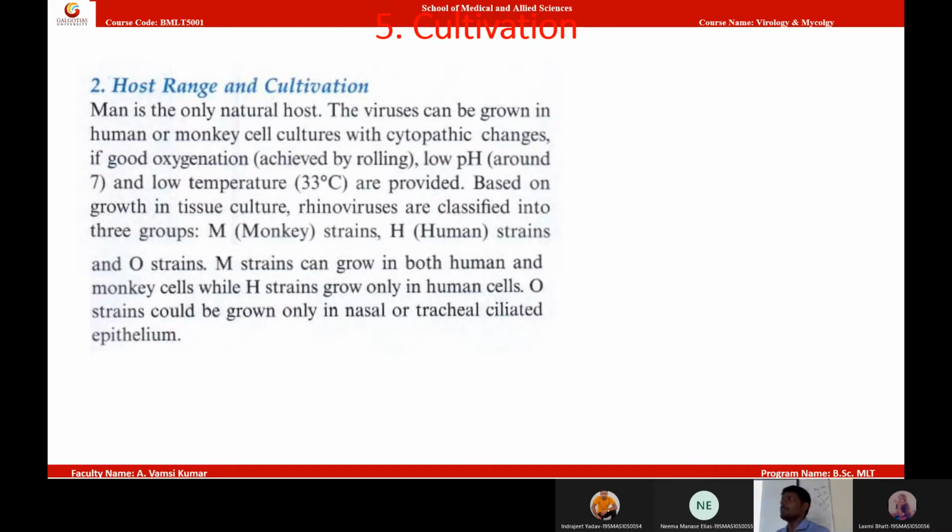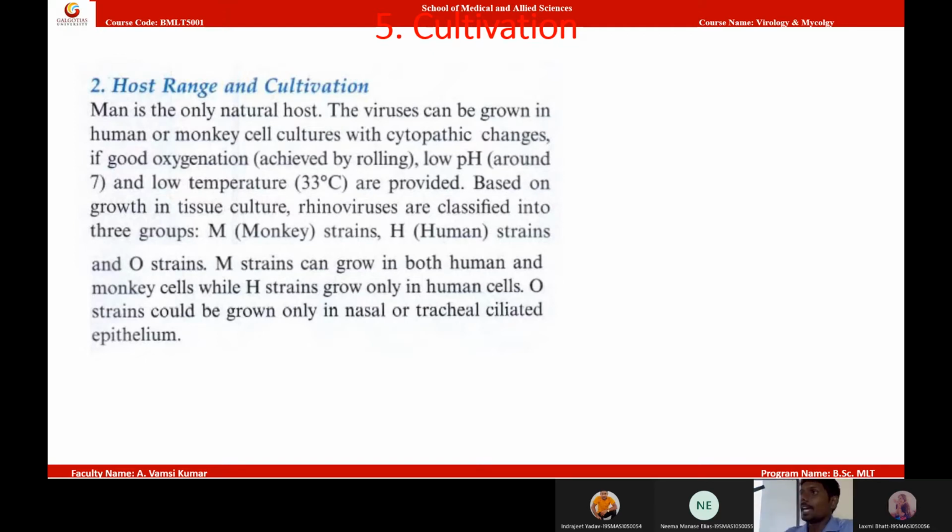Why oxygen supply? Because the virus target is the nose, there is high aeration, so the virus was adapted to this environment. If you are growing this virus in a culture, you need to provide a similar, rich oxygen environment so the virus can easily grow.